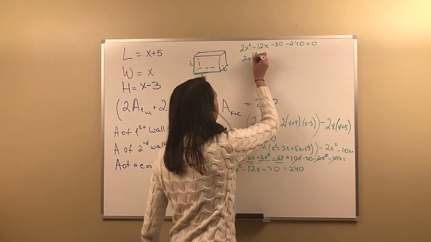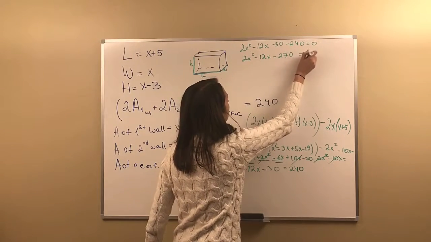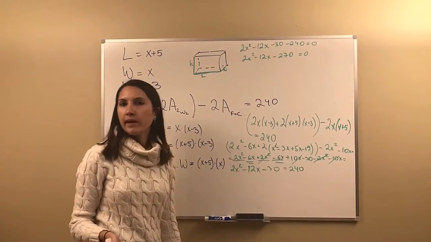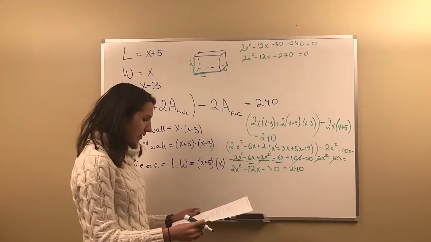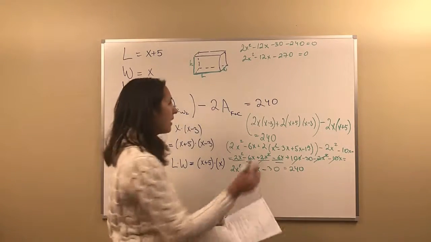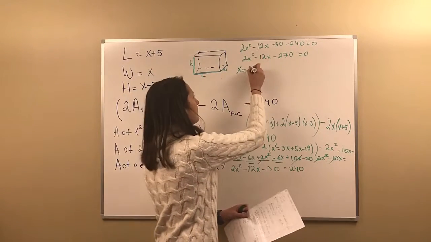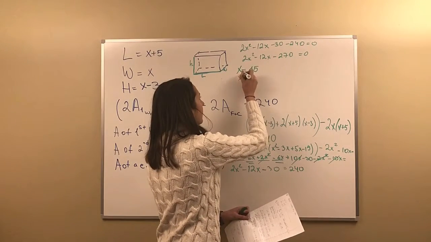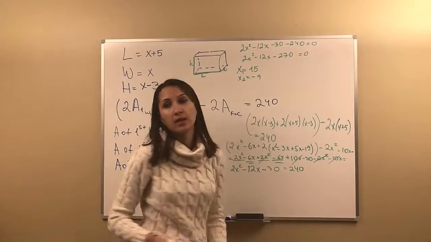So let's just rewrite it real quick. Minus 270 equals 0. So you can use either way to solve a quadratic equation. There are multiple ways. But I already did, and our zeros, aka solutions, are 15 and negative 9 for the quadratic equation.